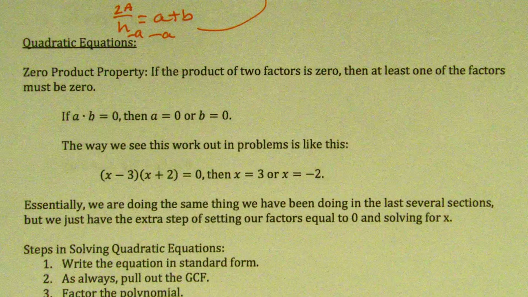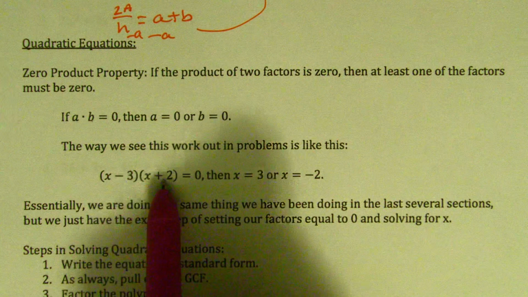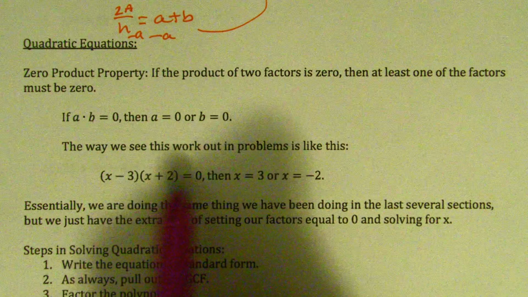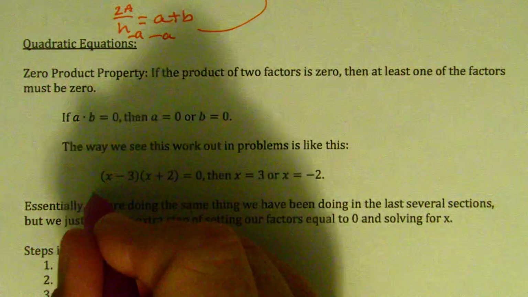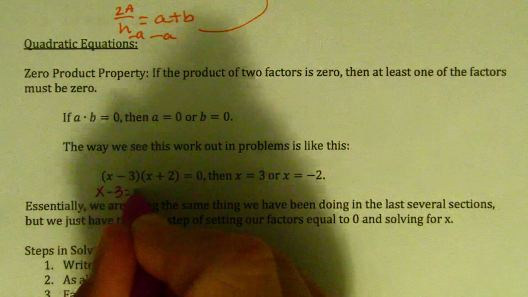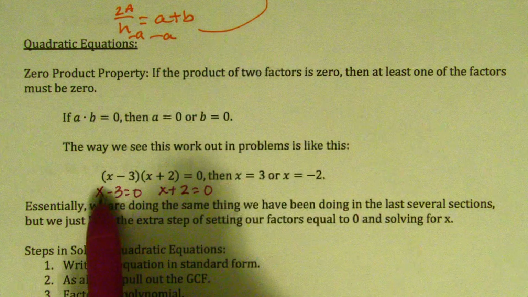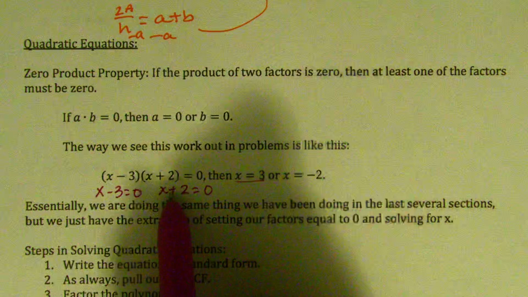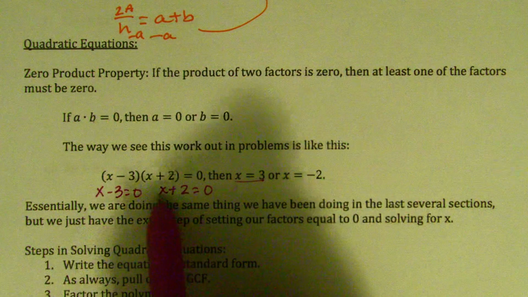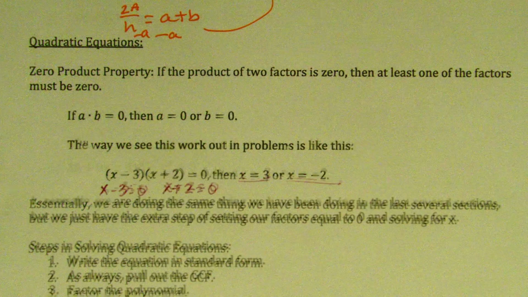And so, if we have something like this where we have x minus 3 and x plus 2 is equal to 0, then either this equals 0 or this equals 0. And if I set x minus 3 equal to 0, and I set x plus 2 equal to 0, and I solve for x here by adding 3 to both sides, then I get x equals 3. If I subtract 2 over here to get x by itself, I get x equals negative 2. And so that's the property we're using here.